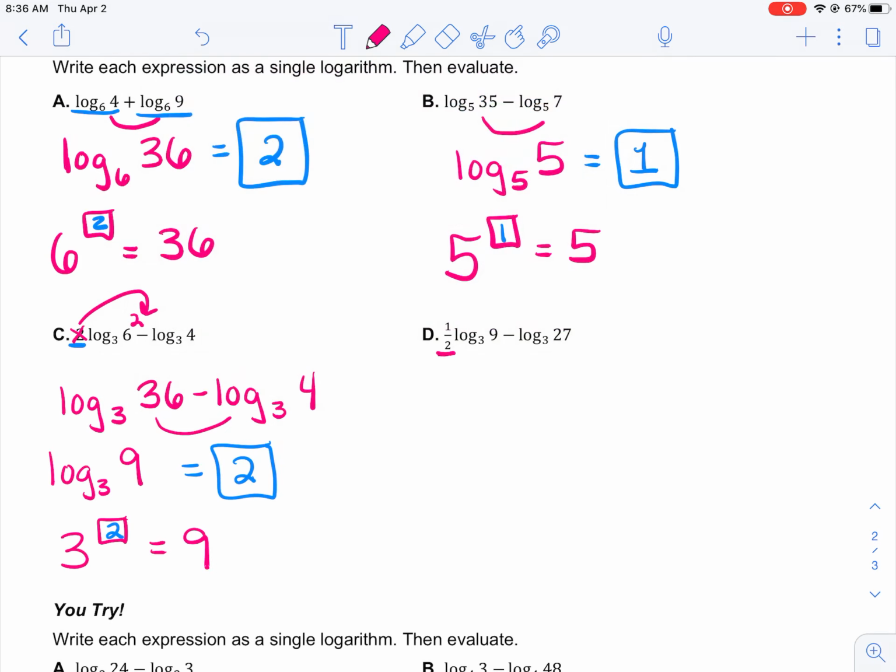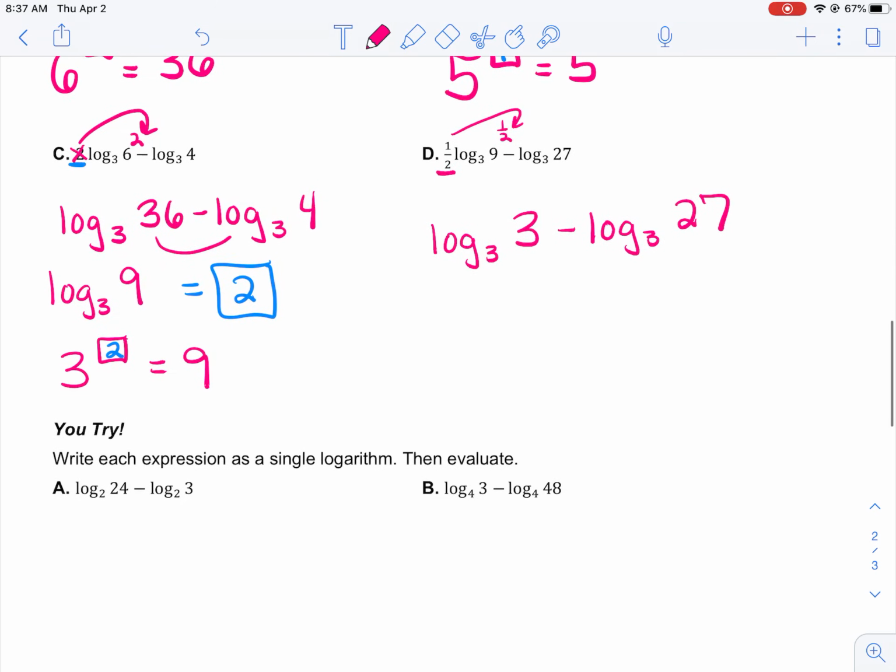All right, and then this last one, we have 1/2 out in front. That's going to become an exponent. So we have log base 3 of 9 to the 1/2. Remember, that's the square root of 9, which is 3, minus log base 3 of 27. So subtraction means we're going to divide.